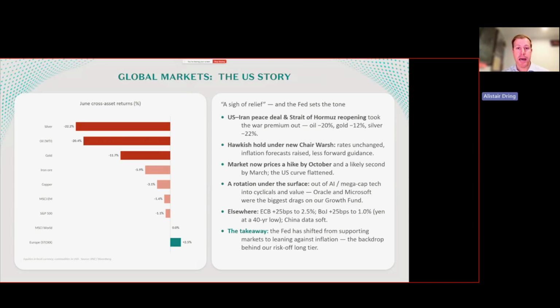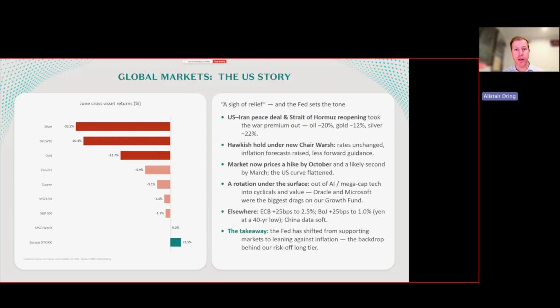And there has been a rotation under the surface, which the Global Growth Fund has been somewhat privy to, in that we have slightly defensive names as well as more cyclical consumer defensives in the portfolio, healthcare being one of them, and the broadening of returns across the S&P 500 has been significant over the month.